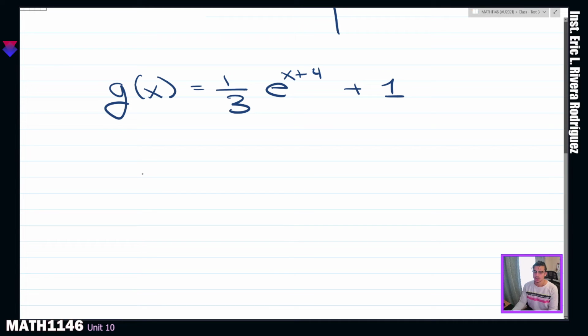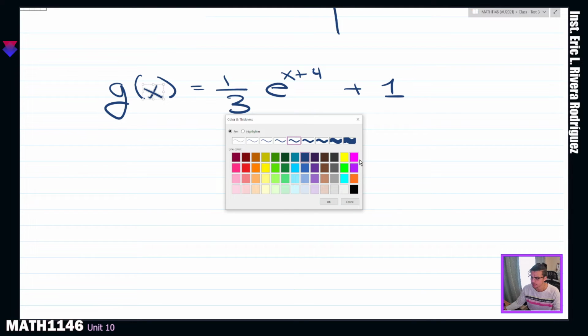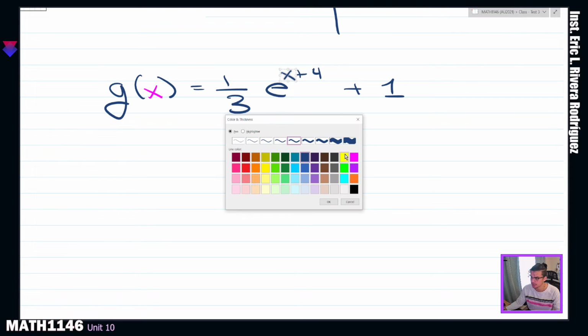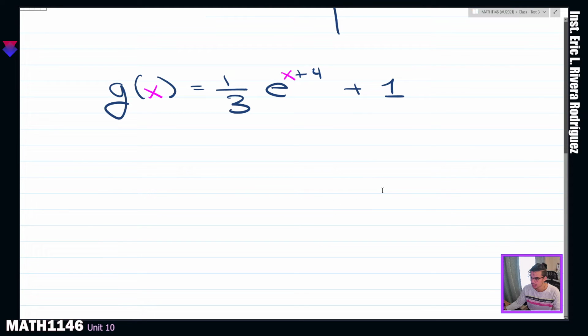Can you tell me what is the base of this exponential function? It is an exponential function because x, which is the input of the function, is in the exponent, right? That makes this an exponential function.